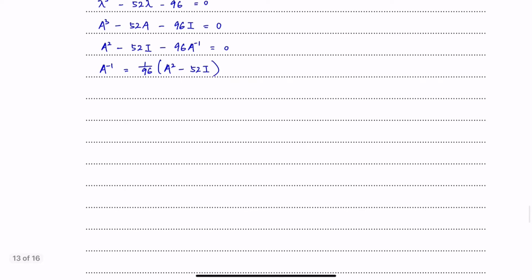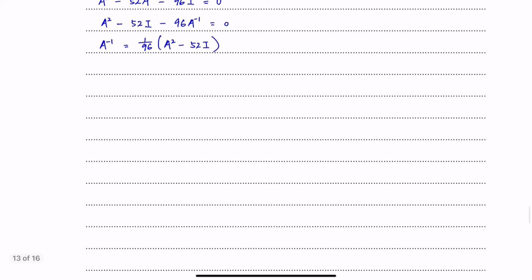So to find the inverse of A, we need A squared. So A squared is basically just the matrix -6, 2, 13, 0, -2, 5, 0, 0, 8 times itself.